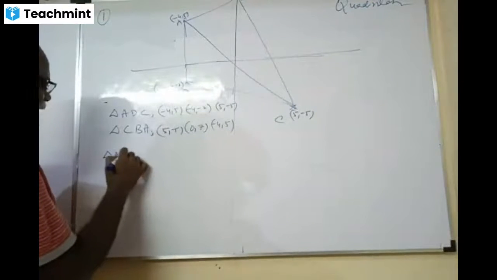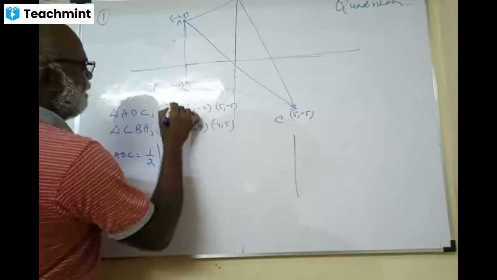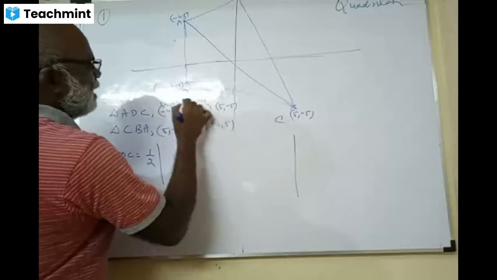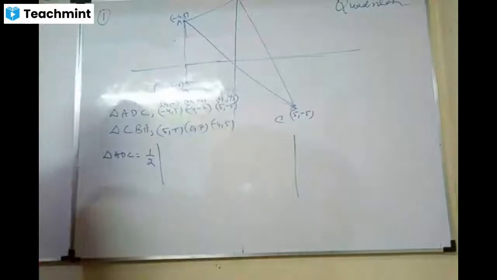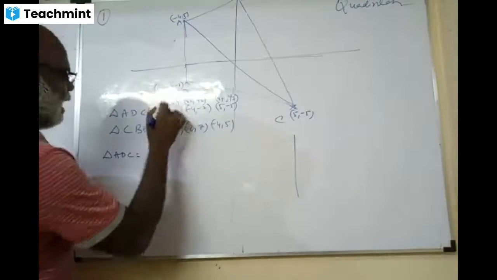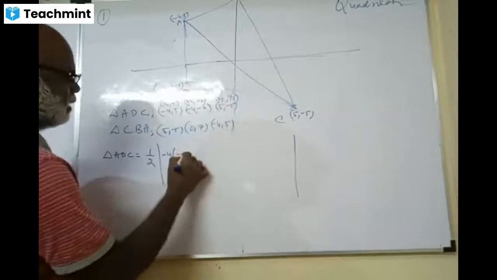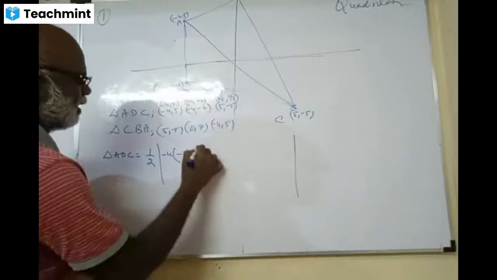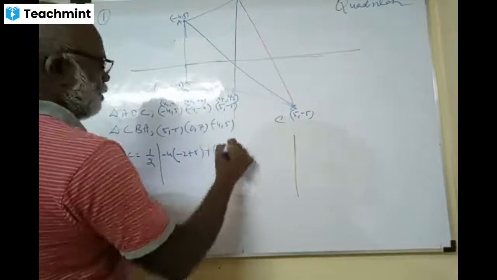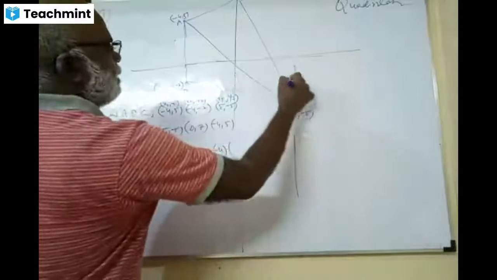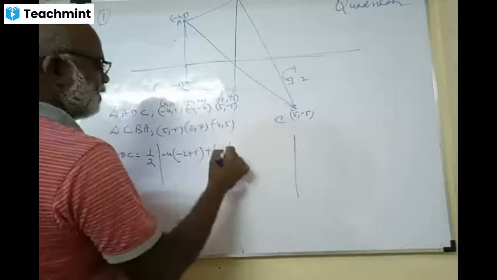Area of a triangle ADC is half modulus, taking x1 y1, x2 y2, x3 y3. X1 is -4 into (y2 minus y3), that is -2 minus of -5, which is plus 5, plus x2, which is -4 into (-5 plus 5) is 0, so minus 10.